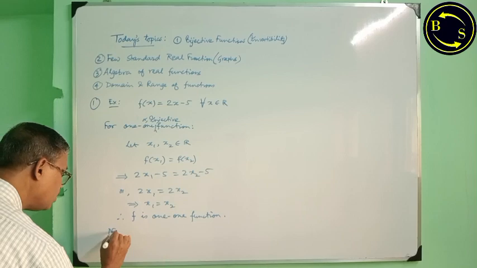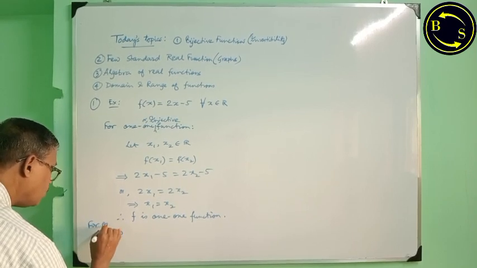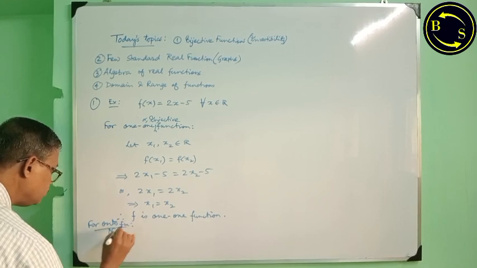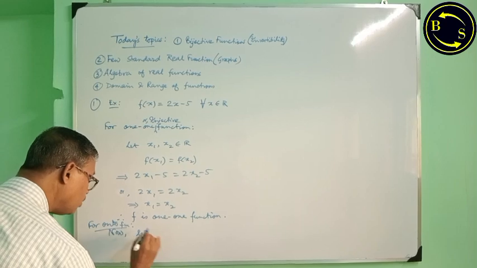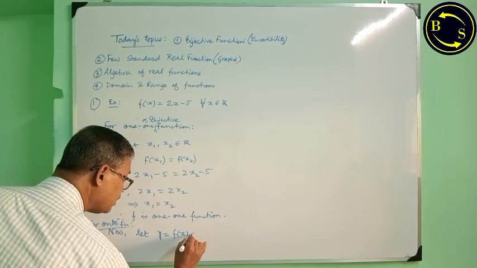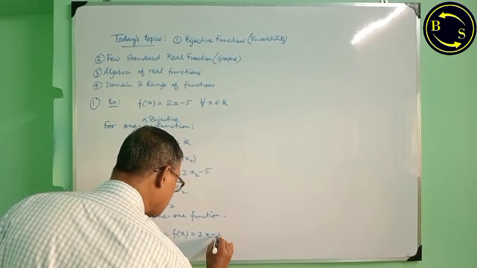Now for onto function. Let y is equal to f(x) is equal to 2x minus 5.